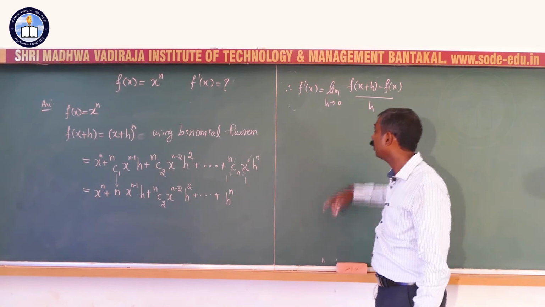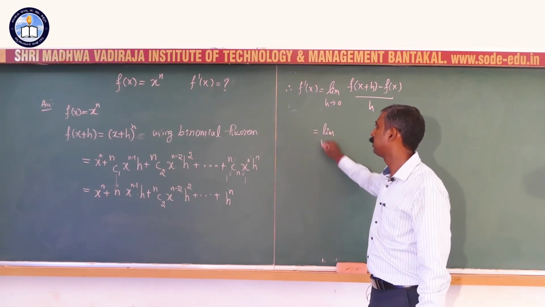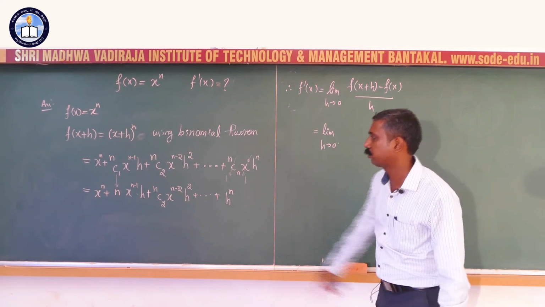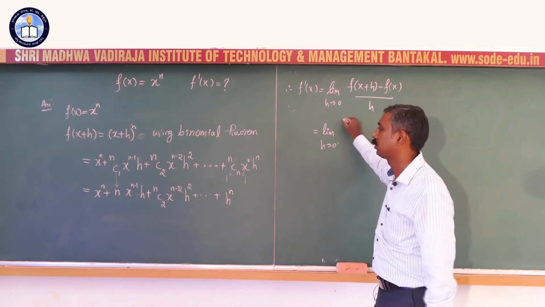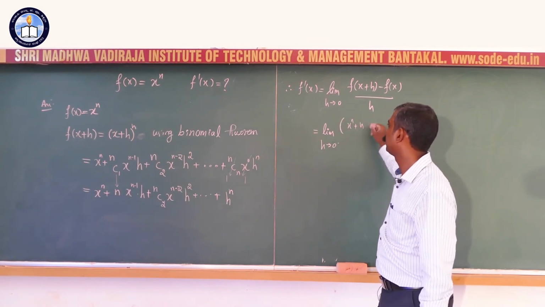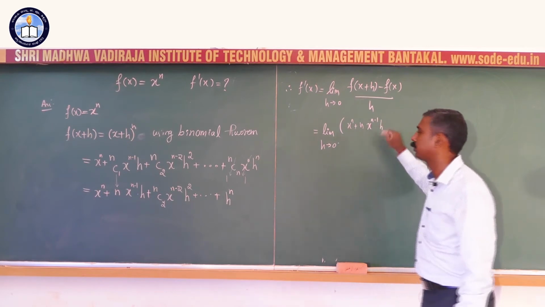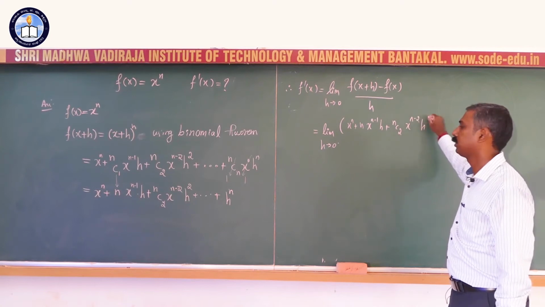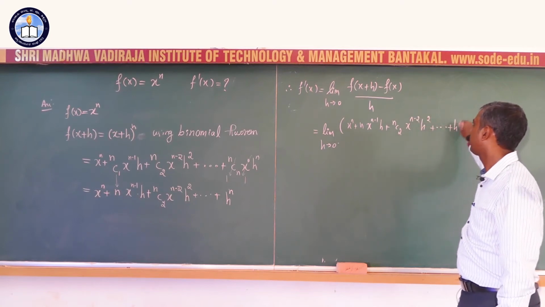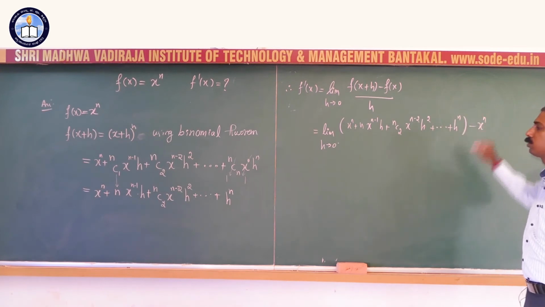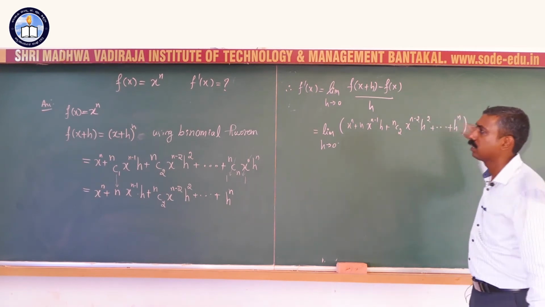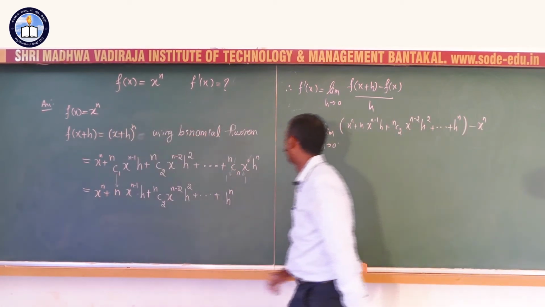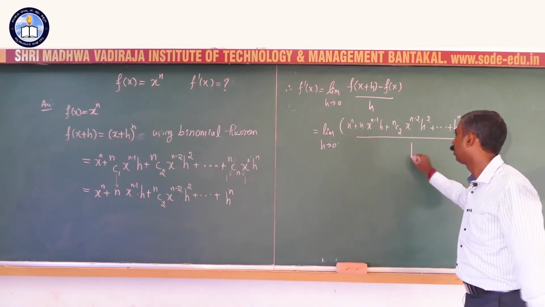In the place of f of x plus h, we write this expression: x to the power n plus n into x to the power n minus 1 into h plus nC2 x power n minus 2 h square plus so on up to h to the power n, minus x to the power n, because f of x is x to the power n, all divided by h.